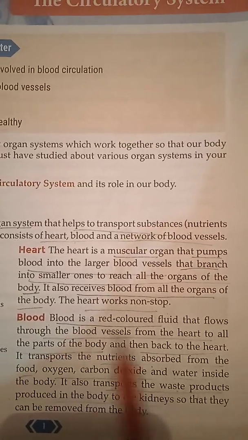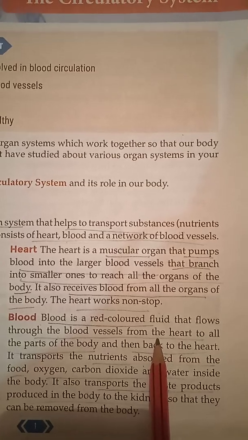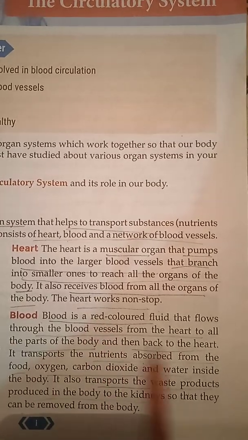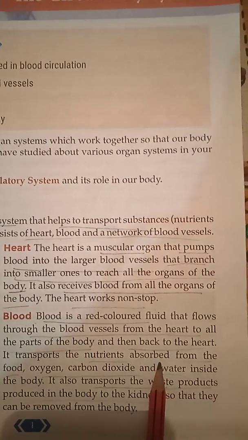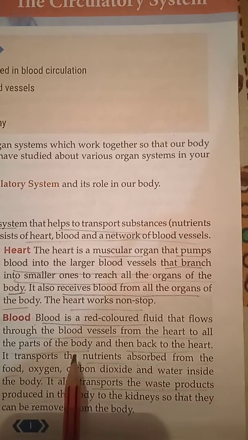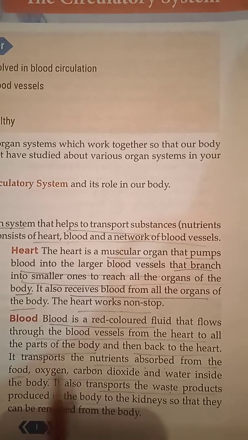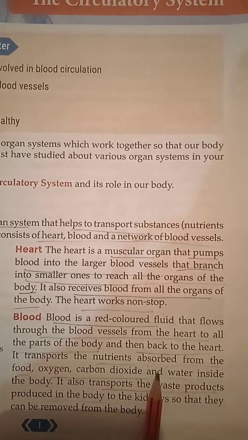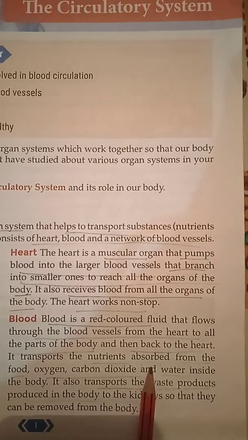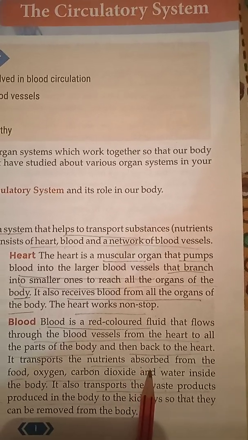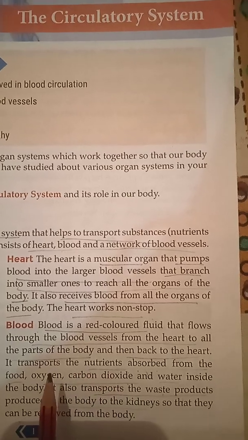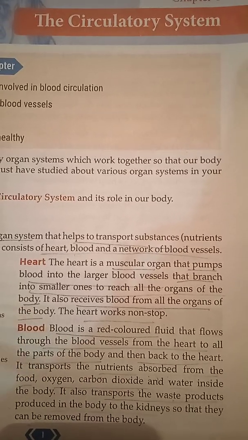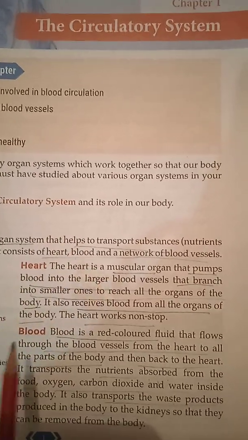Okay, so this blood is being purified in the heart, and after purification it is sent to different parts of the body. And along with the blood, different nutrients, oxygen, food, carbon dioxide, water, all these things are transported to different parts of the body, and whatever waste is there, from there it is collected and sent back to the heart for further purification.